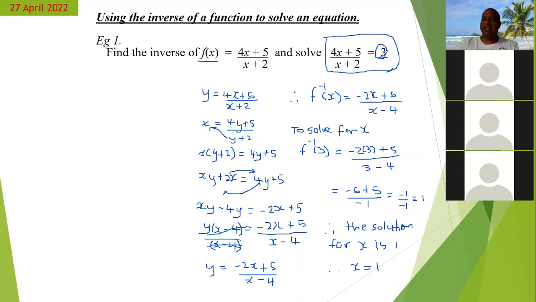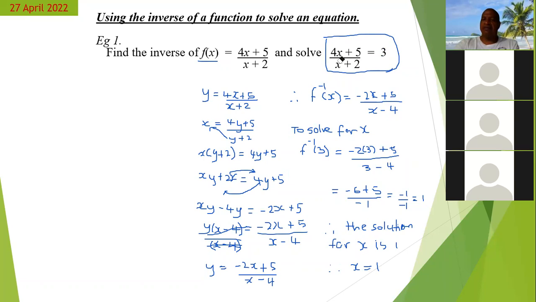Because this is equated to a value, which is 3, remember, the x value would be the domain of f of x. So when you put a value here in x and you calculate, you will get 3 as your answer. So this 3 that you get as your answer here is actually a y value.